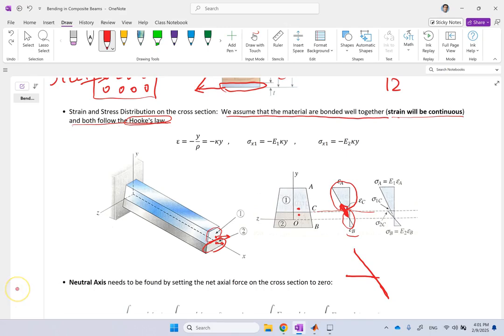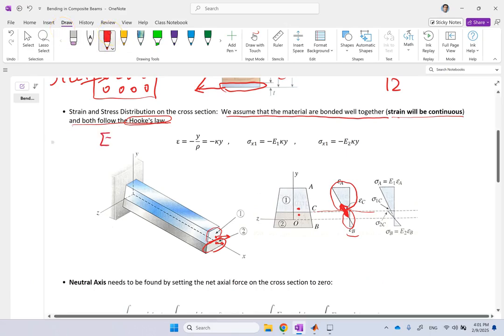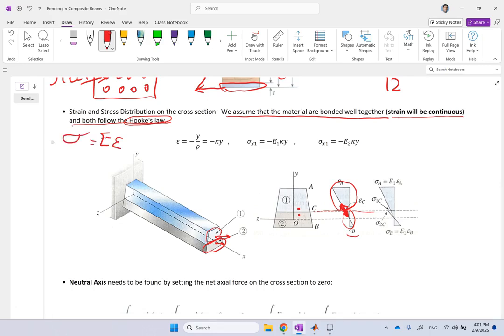Okay, but the stress is not like that. The stress follows E times epsilon. This is Hooke's law. So although right above and below this boundary the strain is the same, the E is different. So this is E1, this is E2, and in this case I assume E2 is bigger than E1. Because of that, the stress is not going to be continuous.